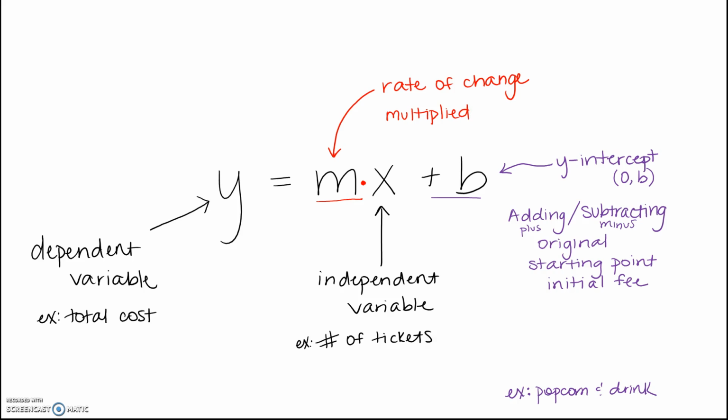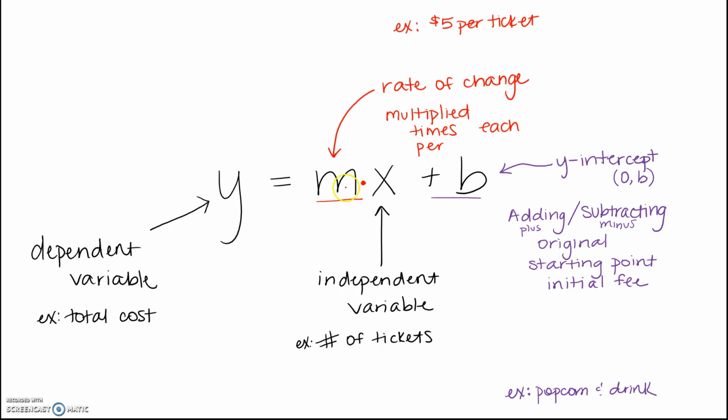So that means that I'm going to be looking for words that mean multiplication. So it may say times, per, each. So again, if I go back to my situation with my popcorn and my drink, if I say it's, for example, $5 per ticket, I'm going to multiply $5 times the number of tickets I buy.